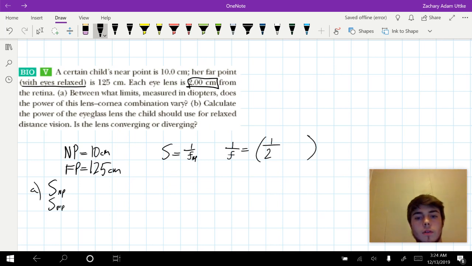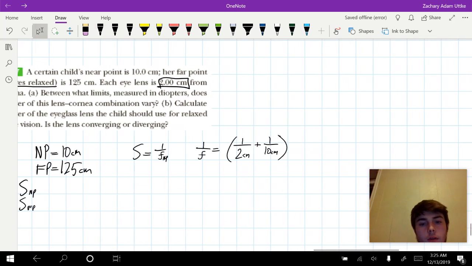Okay, so 1 over 2 centimeters plus 1 over 10 centimeters. Okay, so let's see what our calculator gives us for F. So 1 divided by 2 plus 1 divided by 10, and then the inverse of that, we get that the focal length is 1.6 repeating centimeters.